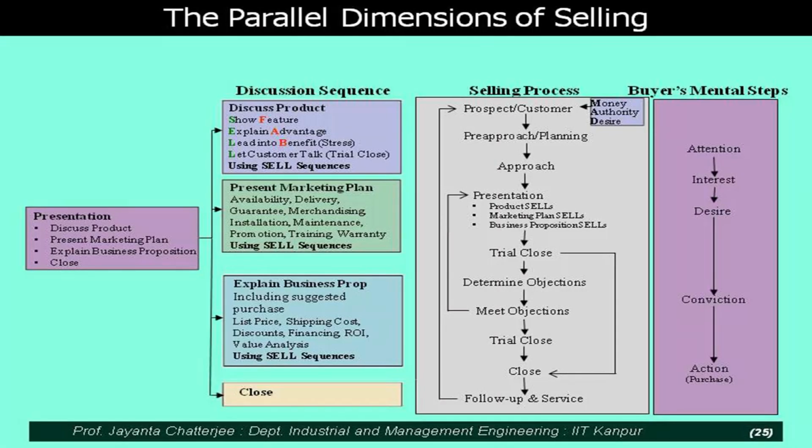So you have the selling process in the center, you have the buyer's mental evolution on the extreme right, and then you have these different types of selling techniques. One of these techniques, which is very well structured and good for most cases, particularly high value selling, is called SPIN, and that I will take up in a subsequent session. That's all for today.